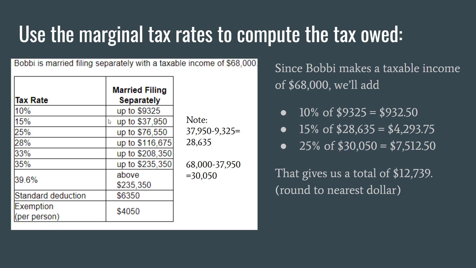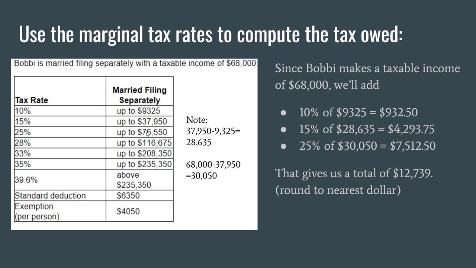Bobby is not in the second or the first tax bracket, so we're going to have to move on here. What we notice is Bobby is definitely going to be in the third range, or the third row, because this taxable income is certainly less than $76,000.